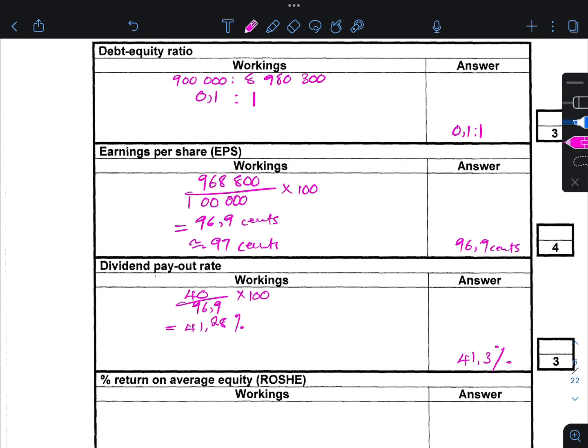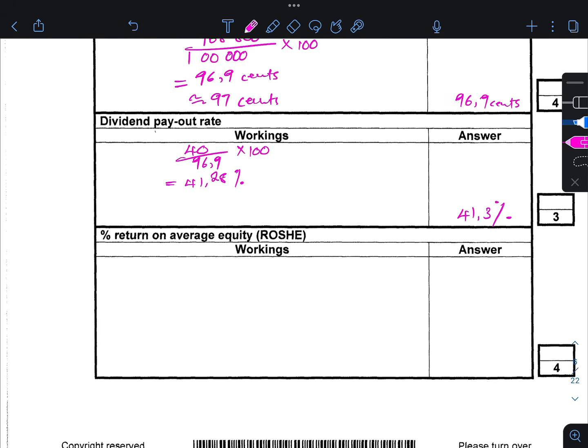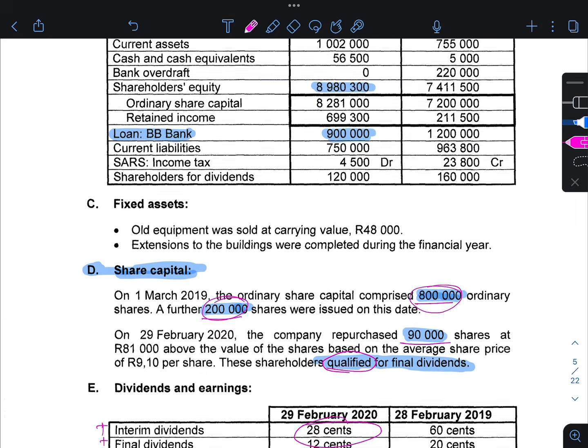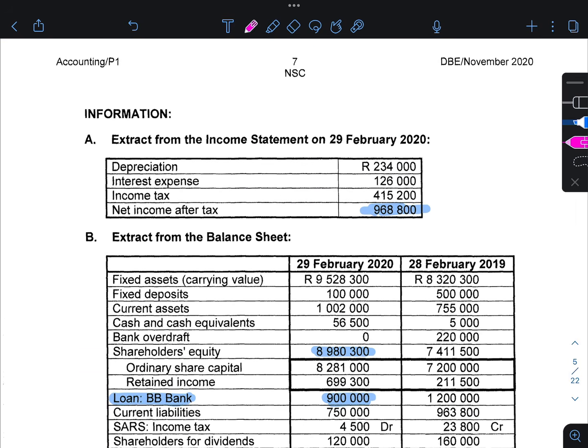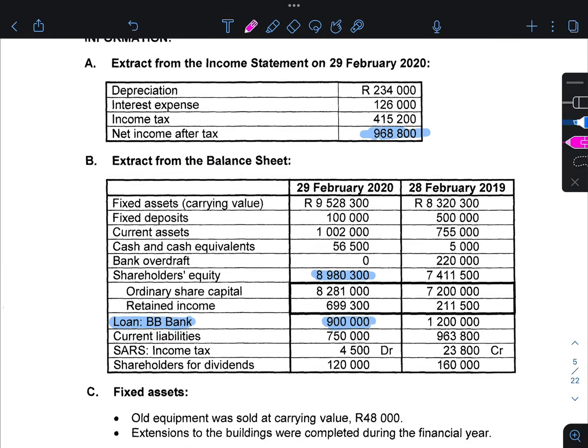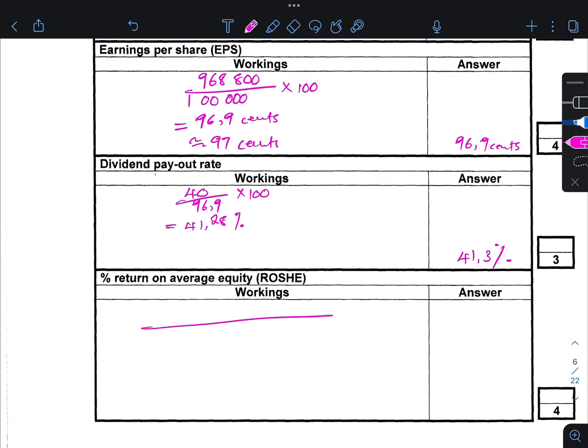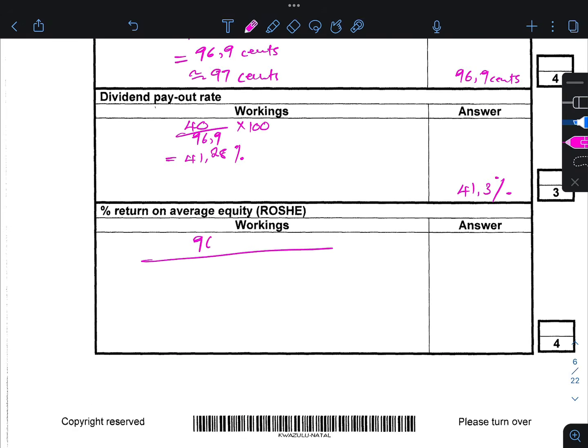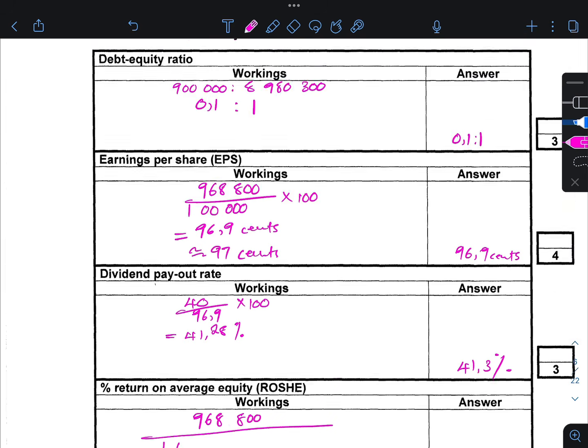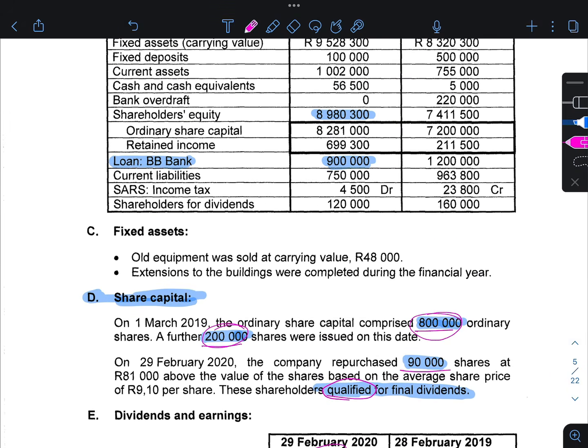All right, and then your percentage return on average equity. So it's your net profit after tax, 968,800, over your average, which is multiplied by half, and then you take both amounts.